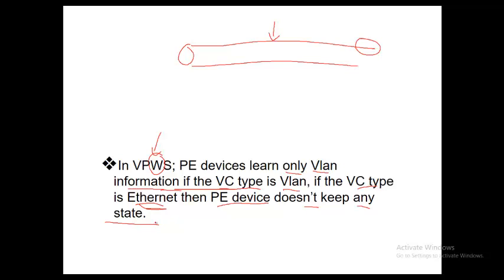When we go to the command line, I'll make it clear for you. So PE devices learn only VLAN information if the type is VLAN. If it is simply Ethernet, then the device won't keep any VLAN info. That's what it means.